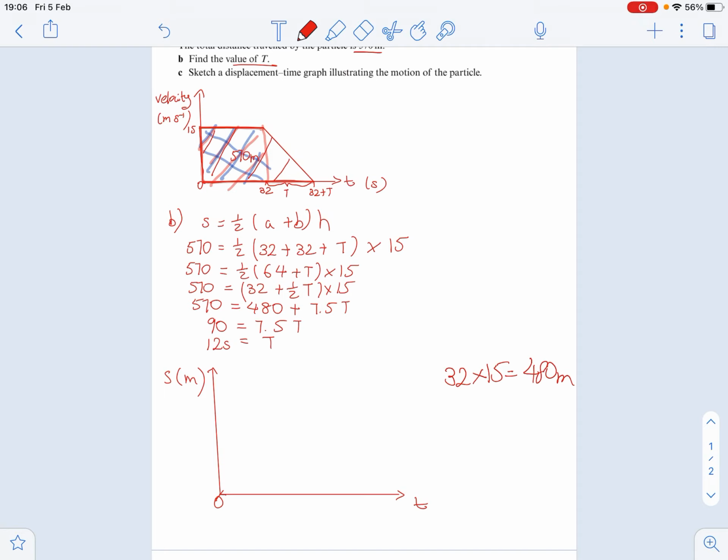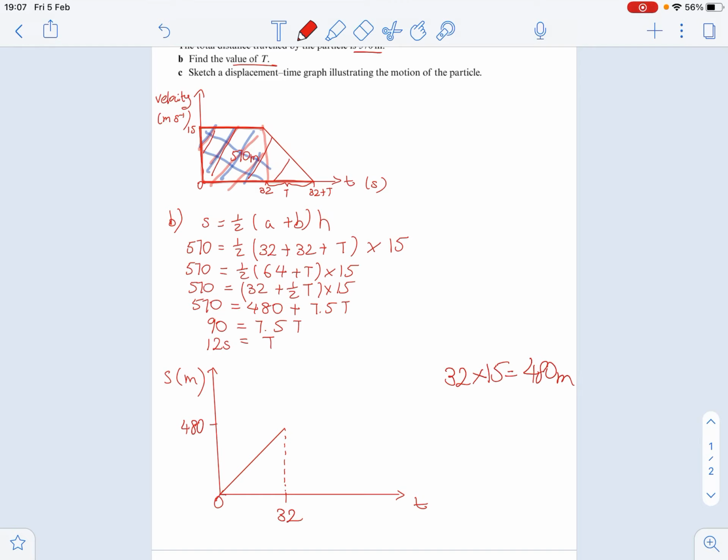After 32 seconds, it traveled 480 meters. And we know this is a straight line because it's constant velocity.